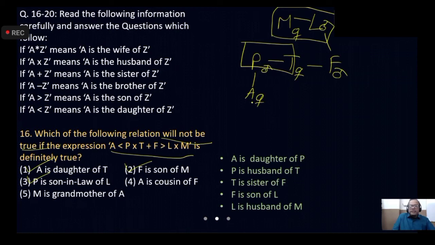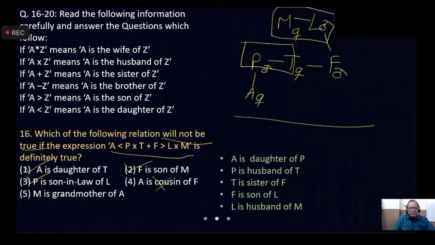A is cousin of F. A is here, F is here. Where is F? Parent generation. So can you expect A and F being cousins? No. By looking at the family tree itself, you can say that cousins are always in the same generation. So this is not true.